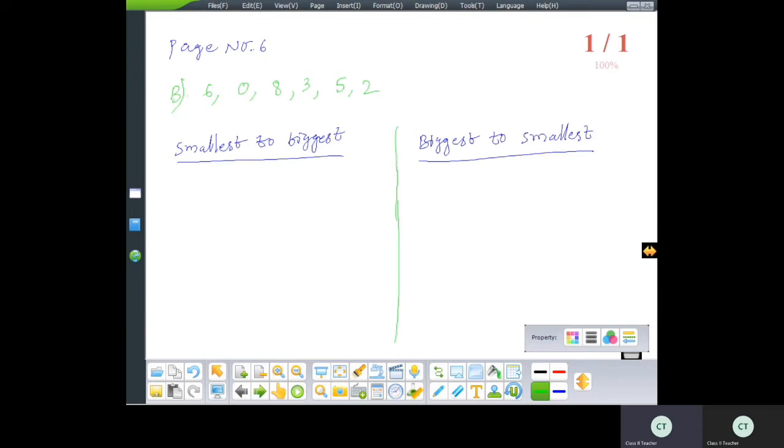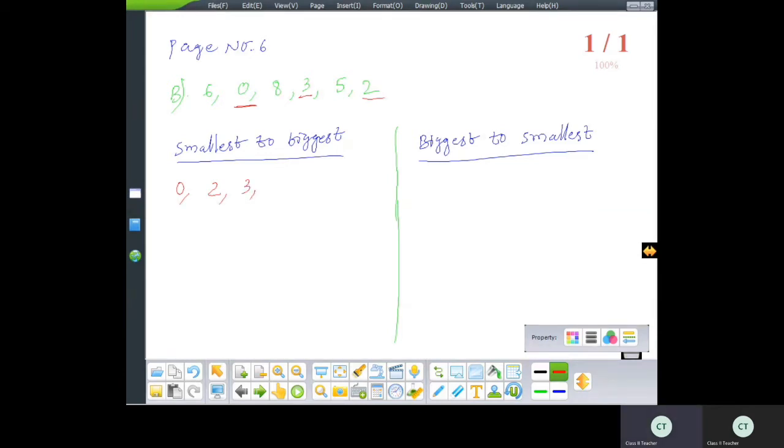Now, arrange the given numbers from smallest to biggest. Now, smallest number. First one is 0. After 0, 2. After 2, 3.